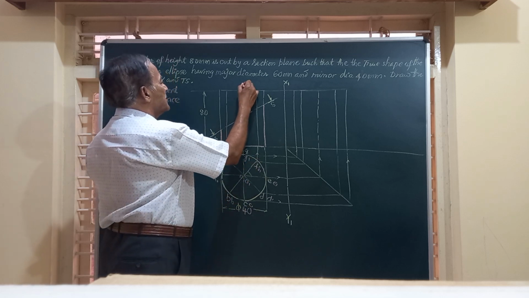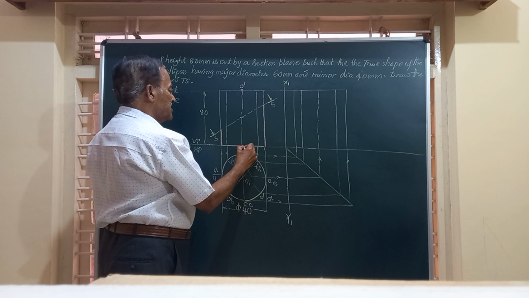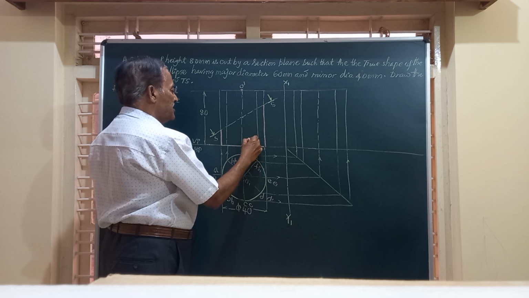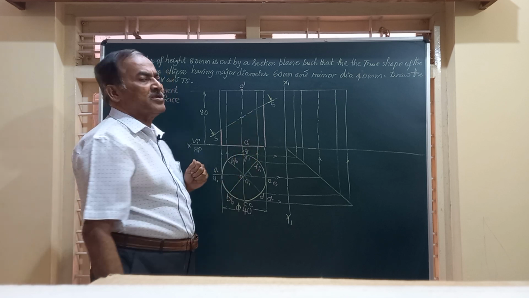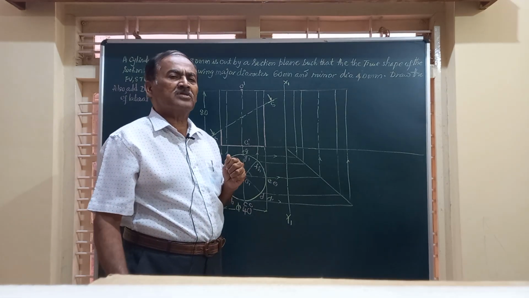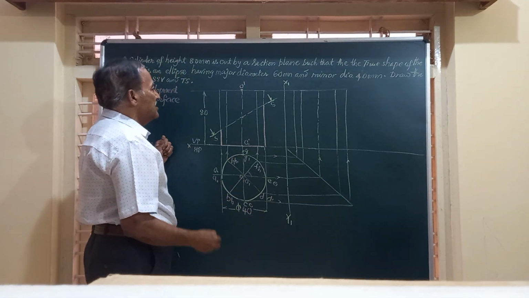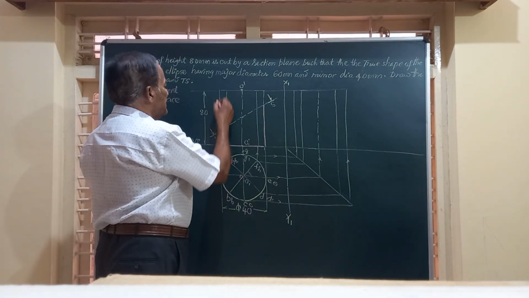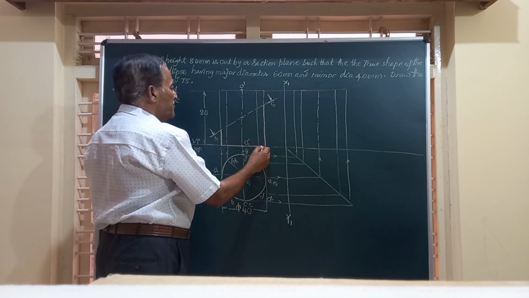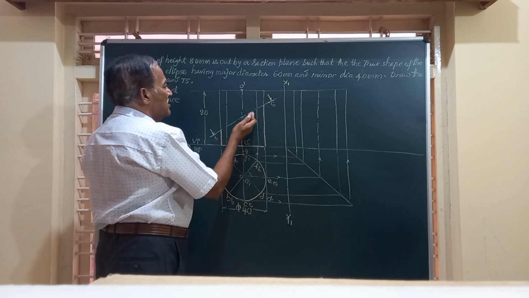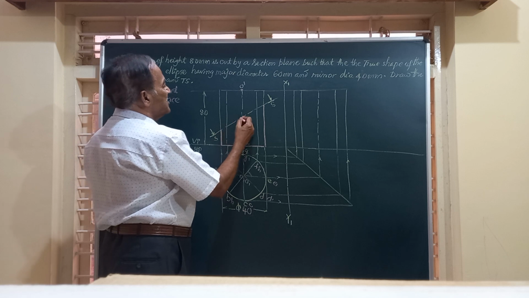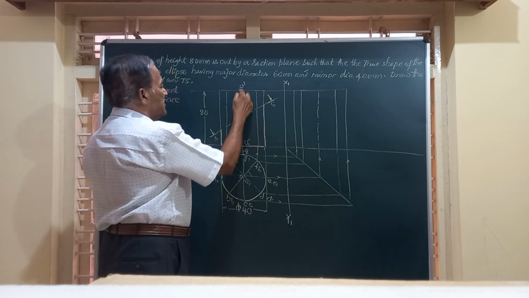So we'll have this as O dash and this as O1 dash. Friends, remember, marking is also equally important in the projection or development of any solid. Now I have taken the height and constructed the front view of this. And this section plane, I have drawn exactly at the center of the height.